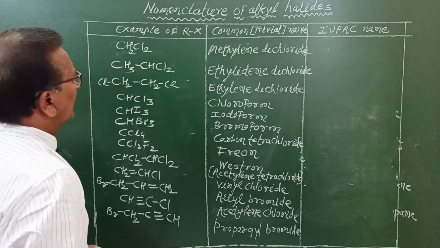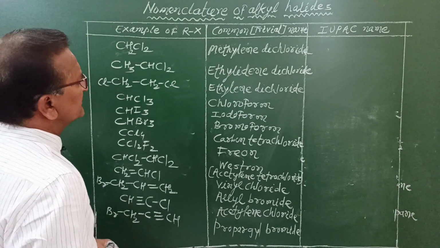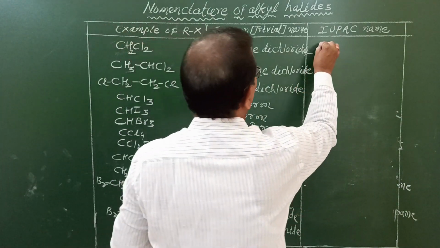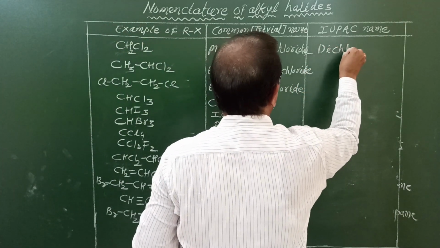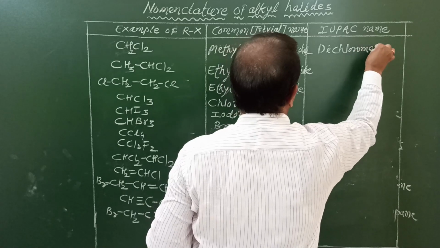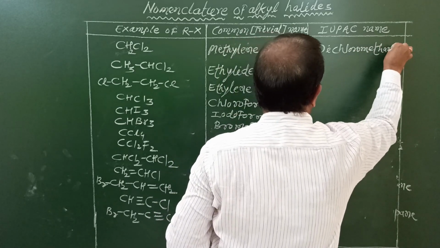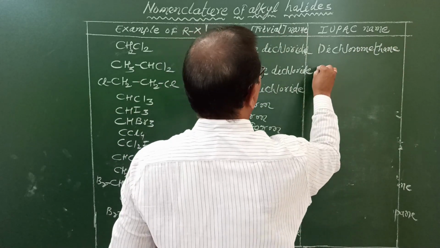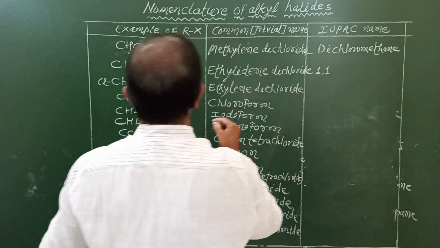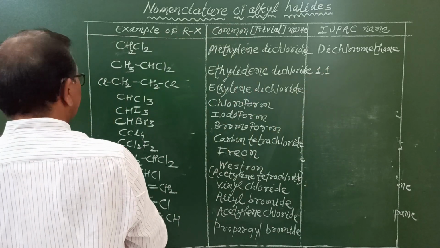All right. IUPAC names of these compounds: dichloromethane first. Next one is 1,1. We know that this carbon atom is numbered as 1.